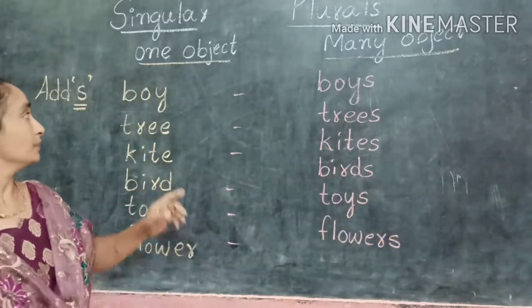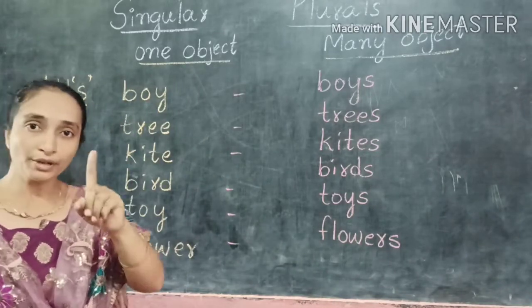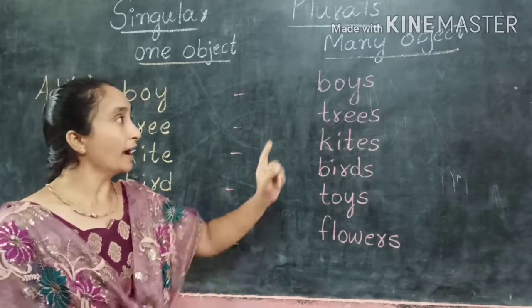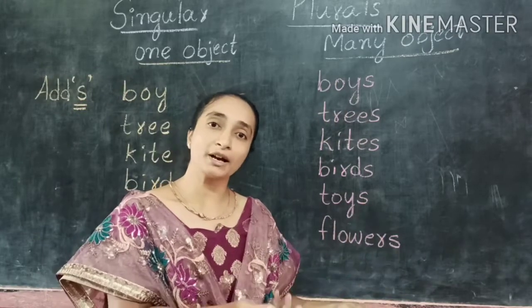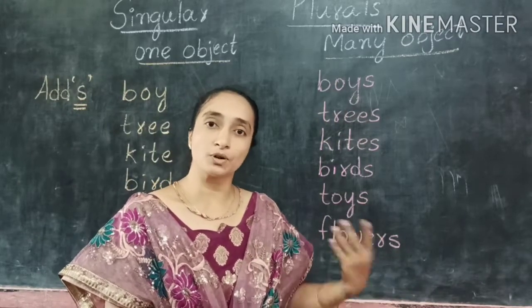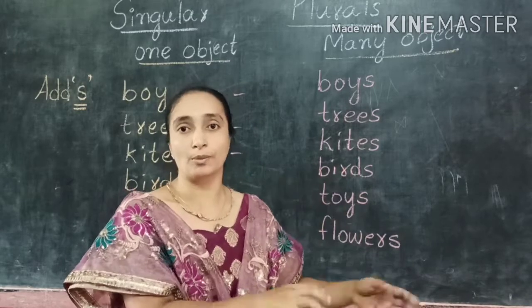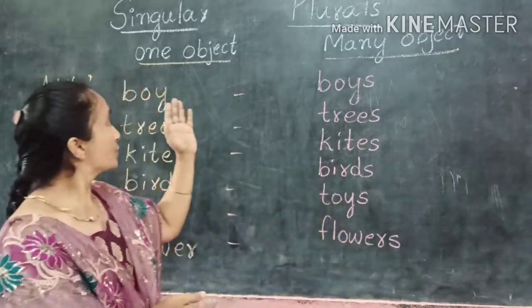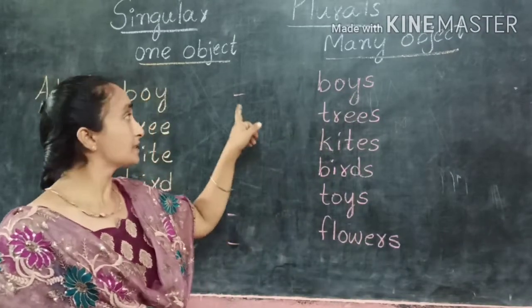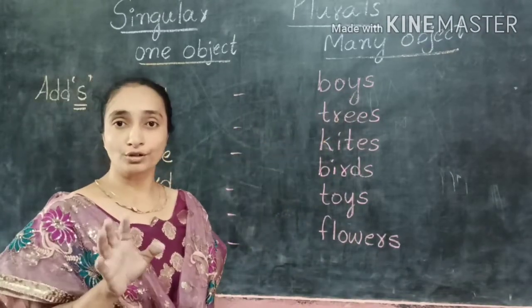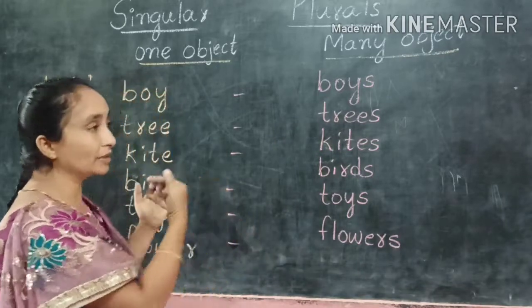For example, boy, only one boy. If we add S to that, boys. It might be 2 boys or 10 boys or 5 boys, whatever. So that is plural form, more than one. So boy, boys. The first one is already written in your books, so you no need to write there. From the second one onwards you can write.